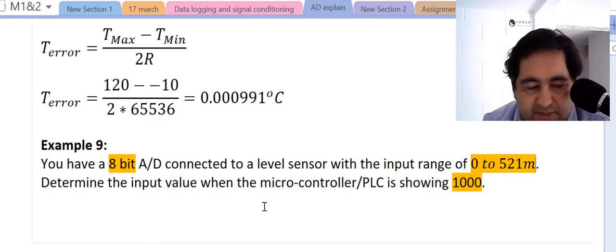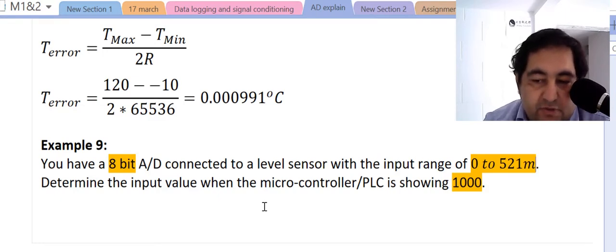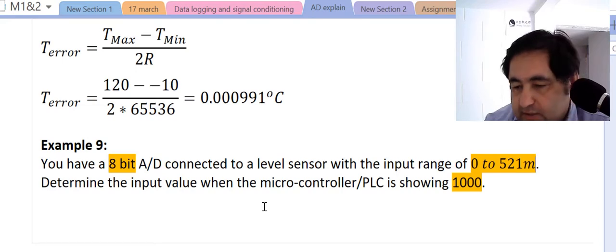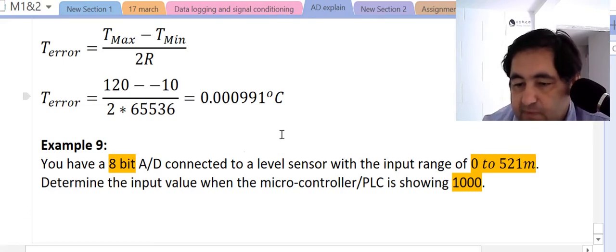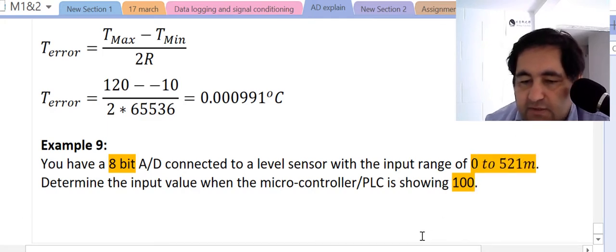It's basically our sensor range. Each sensor that you have has a different range. Now the output of the microcontroller, I just wanted to change this to 100. What's happening, we have meters, so it's not the value that we had before.